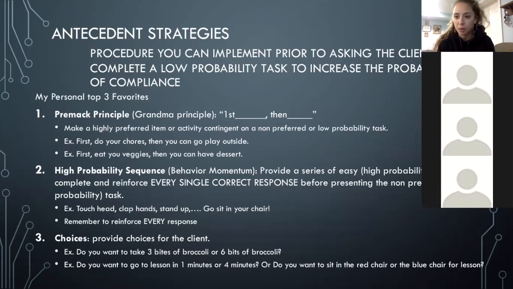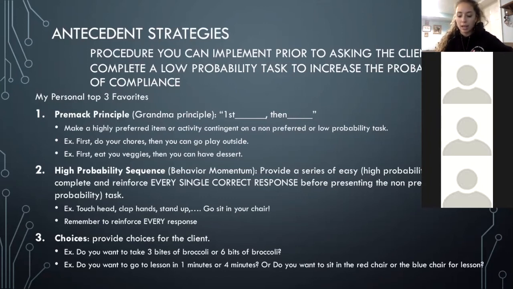Here I write low probability. In ABA we use low probability and high probability as ways to describe behaviors. If it's lower probability, it's more difficult, or it's less preferred. If it's a higher probability task, maybe it's more preferred or it's a lot easier, the chances of them engaging in that behavior is a lot higher, right?